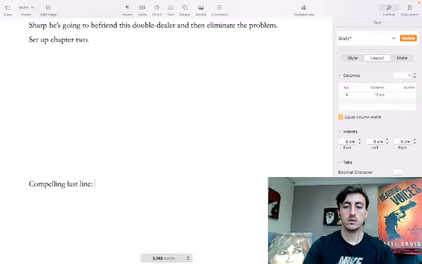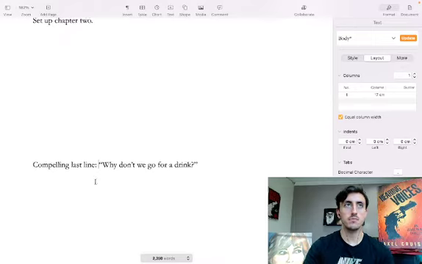So it's something like, why don't we go for a drink? Something like that. Right, and then we know that he's in. We know that he's made it. He's made a contact. Right, he does something on this first page, and then he's already sort of beginning to build a relationship.